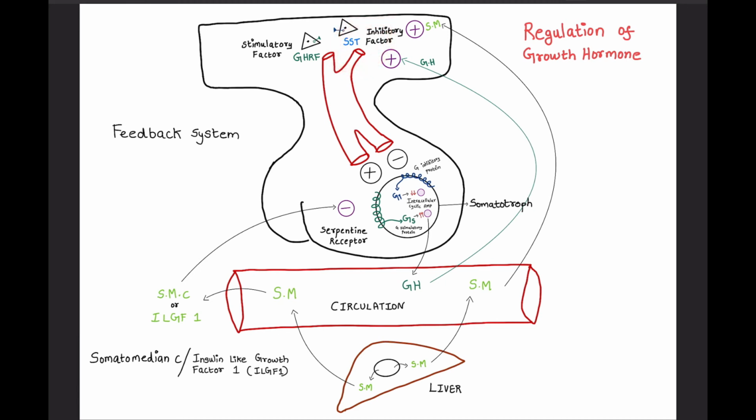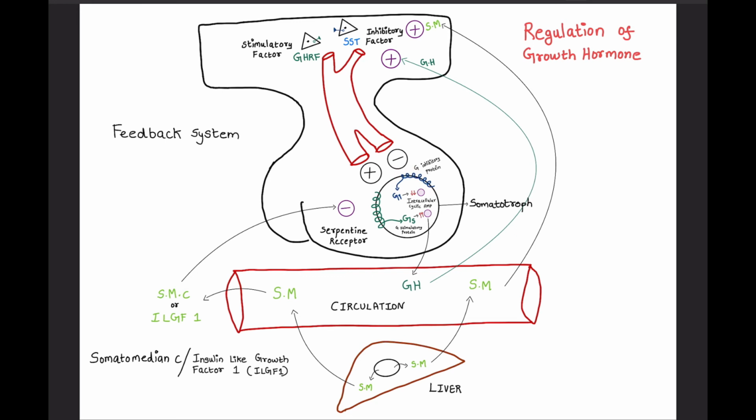You know that the inhibitory factor, that is somatostatin, has the normal action of inhibiting growth hormone synthesis and release by acting through the G inhibitory protein.